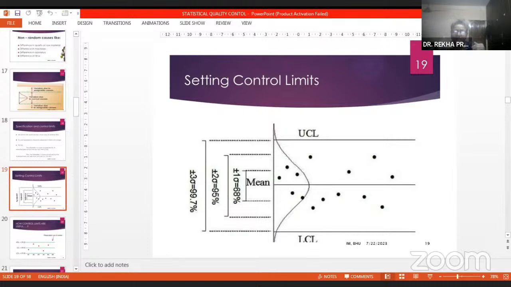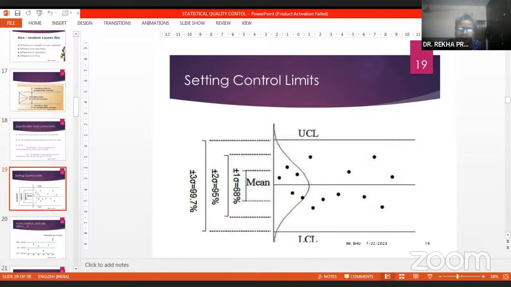About 95% will have mean plus minus 2 sigma, and about 99.7% will have height of mean plus minus 3 sigma. So this is almost everything, because it cannot be 100%. 100% is at minus infinity and plus infinity. So you cannot take 100%, but 99.7%.